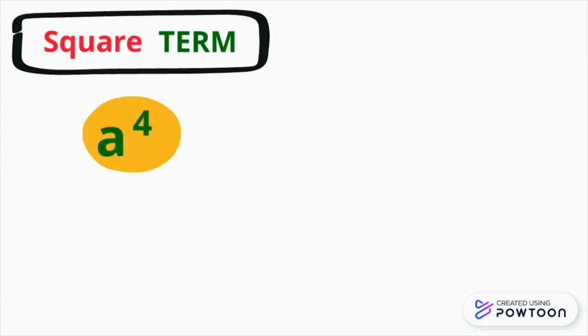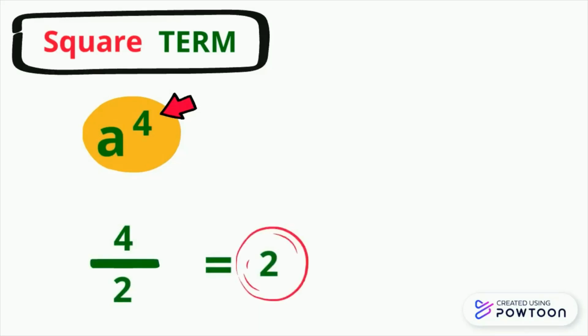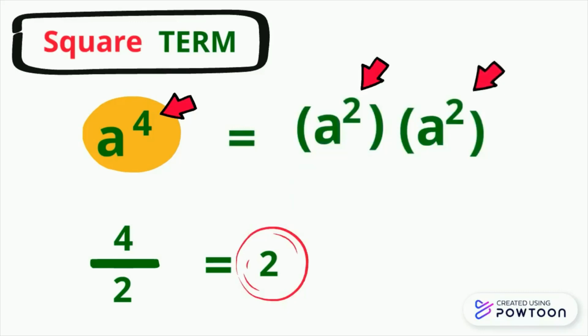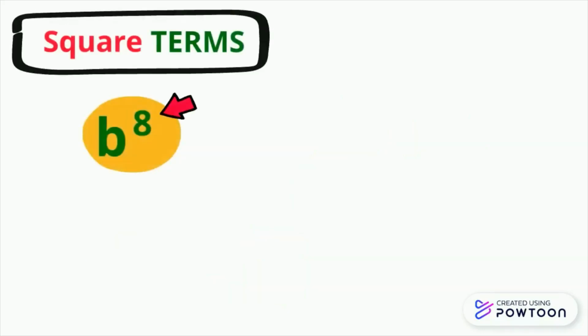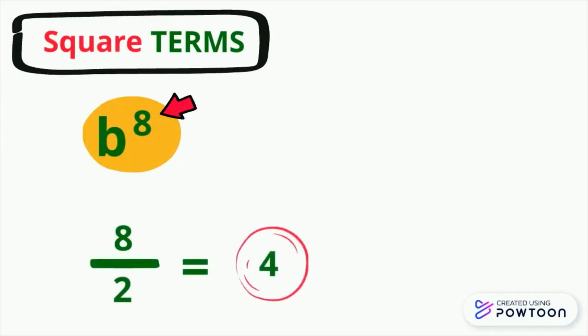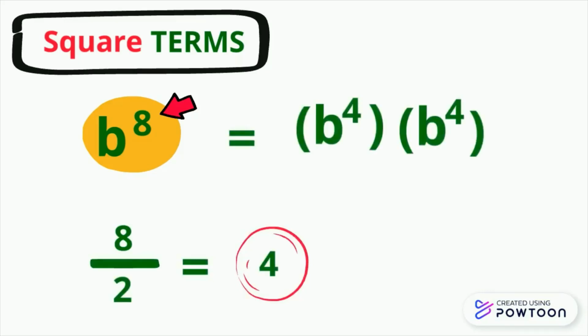Remember to divide the exponent by 2. If it is divisible by 2, then it is a square term. It means the factors are a squared and a squared. b to the 8th is a square term where the exponent 8 is divisible by 2. The factors are 2 of b to the 4th.